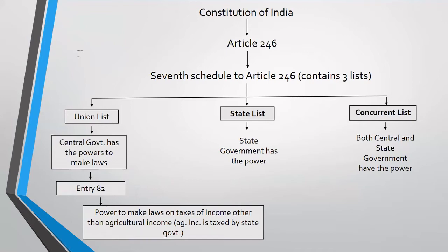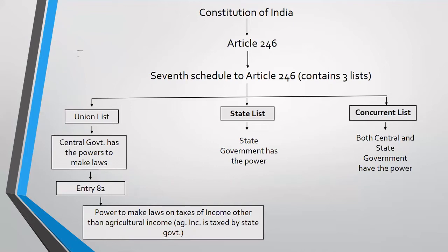Under that, entry 82 says power to make laws on taxes of income other than agricultural income is under the union list, which means the central government is going to make the laws on taxing our income.